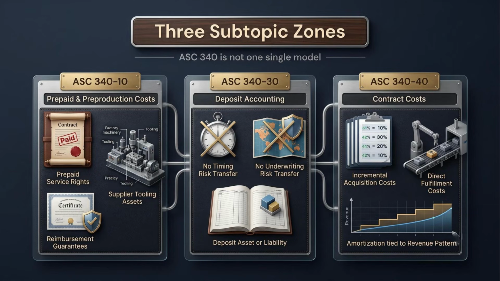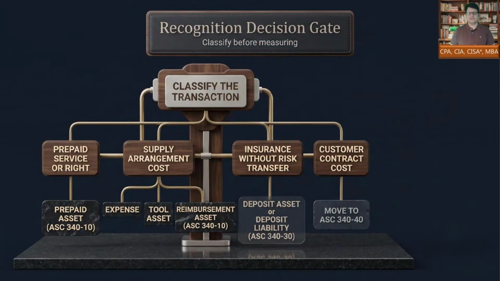ASC 340-40 deals with costs to obtain or fulfill customer contracts, and that is strongly connected to ASC 606. In this video, we build the first two zones clearly, so the contract cost model in the next video becomes easier.